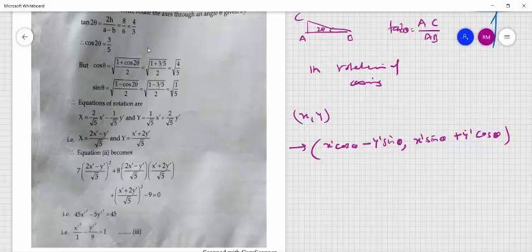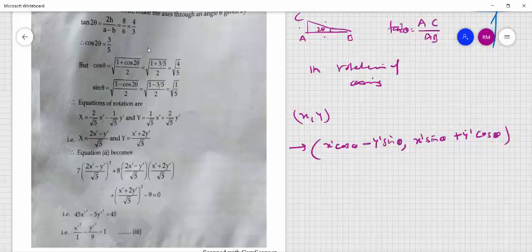And we know the Pythagoras theorem. If you know this side and this side ratio, say this is 4:3, then this will be 5. So the ratio will be 3 by 5. So by Pythagoras theorem, cos 2 theta is equal to this side AB upon AC.